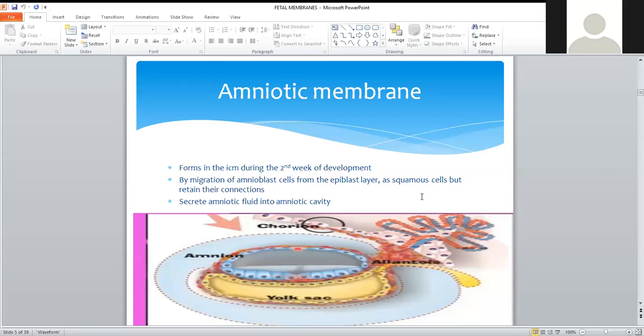They go as squamous cells, but they retain their connections. You've done epithelium, so you know what I mean by squamous. So this is the amniotic membrane, and then they secrete amniotic fluid into the amniotic cavity.